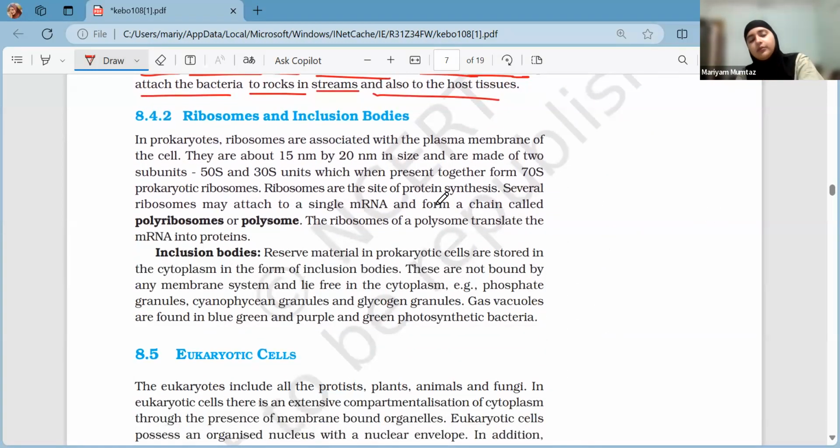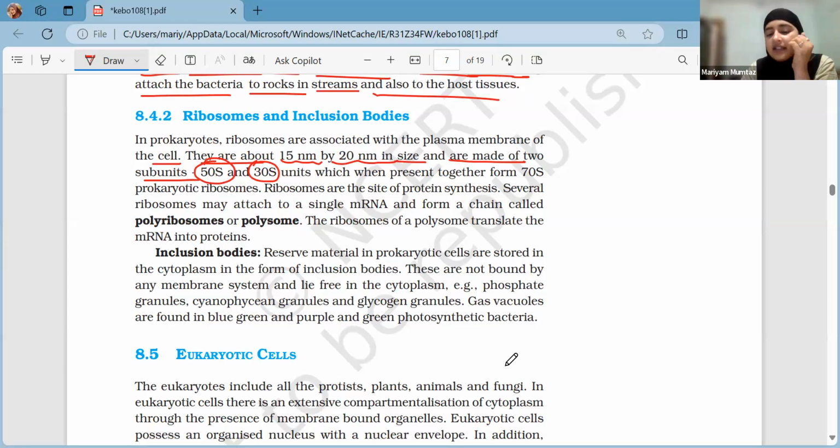Now, moving forward, we have ribosomes and inclusion bodies. Since prokaryotes are so primitive, they have limited structures present in them. In prokaryotes, ribosomes are associated with the plasma membrane of the cell. They are about 15 nanometers by 20 nanometers in size and are made up of two subunits, 50S and 30S. Don't add them, you'll never get 70.